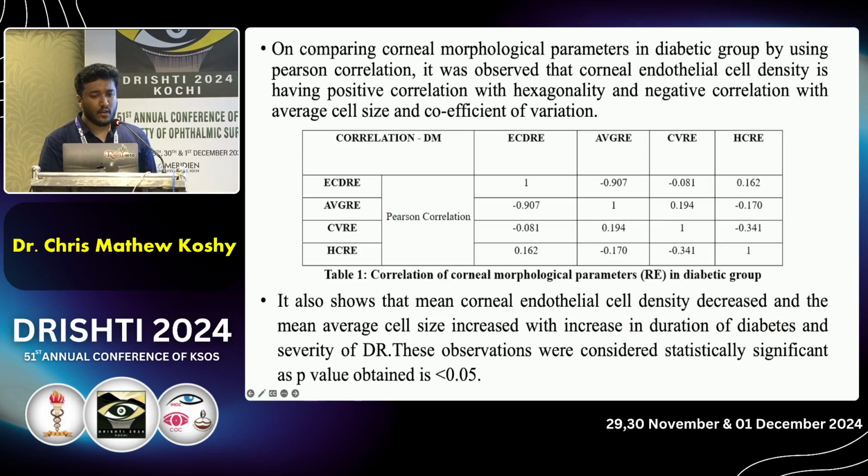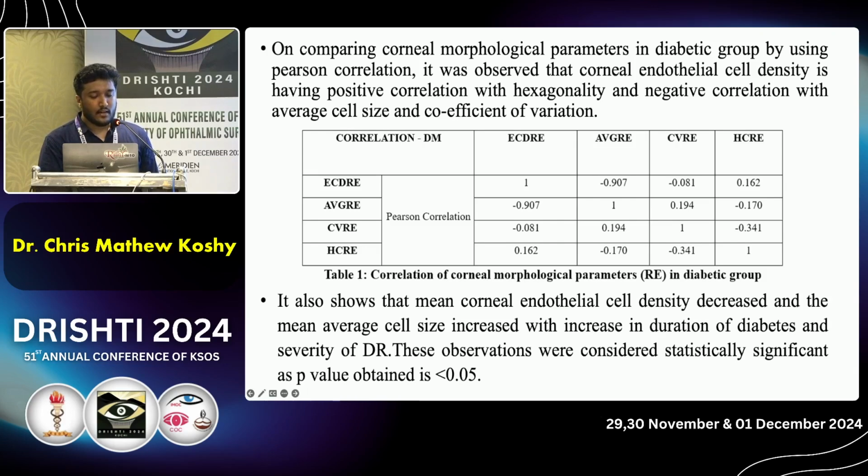On comparing corneal morphological parameters in the diabetic group using Pearson correlation, it was observed that corneal endothelial cell density has a positive correlation with hexagonality and a negative correlation with average cell size and coefficient of variation, which is seen in that table. It also shows that the mean corneal endothelial cell density decreased and the mean average cell size increased with increase in duration of diabetes and severity of diabetic retinopathy.